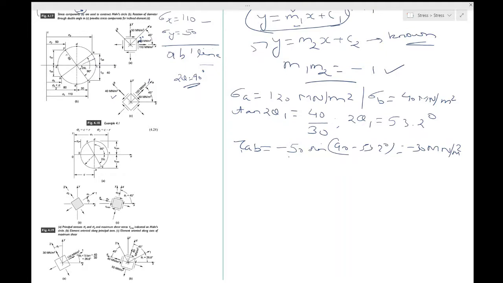So let's just consider a case where you have this sort of a situation. You have sigma, you have tau, you have x, you have y.